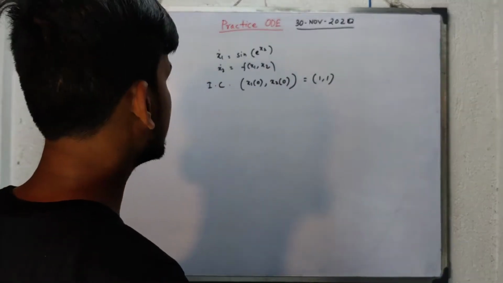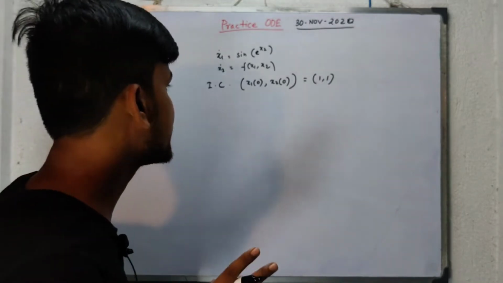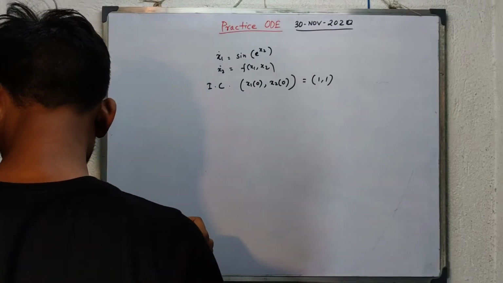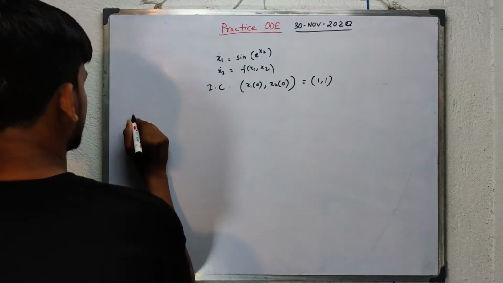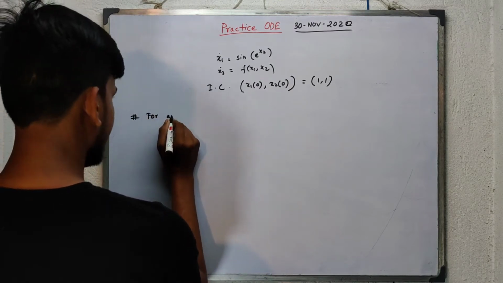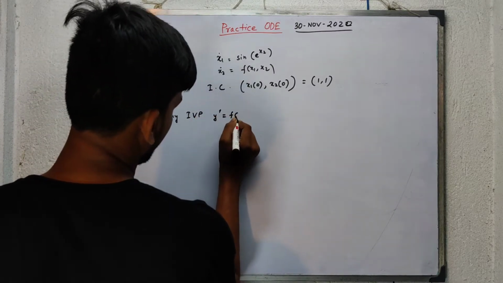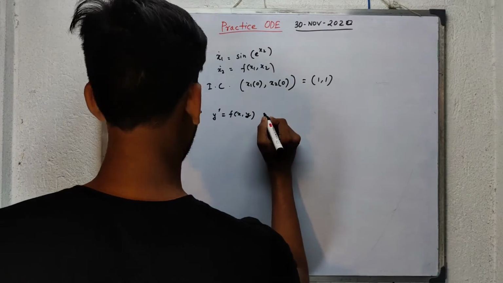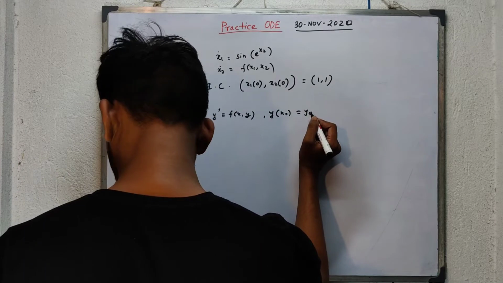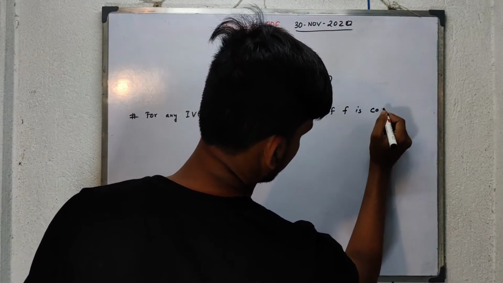So since this is based on the Lipschitz condition, here we apply Picard's theorem for existence and uniqueness. The result is necessary to solve this question. For any IVP, suppose y dash equal to f(x, y) is the IVP, where y at x0 equal to y0 is the initial condition.